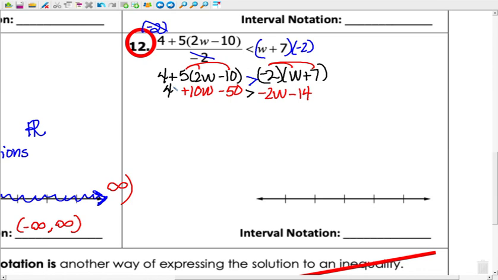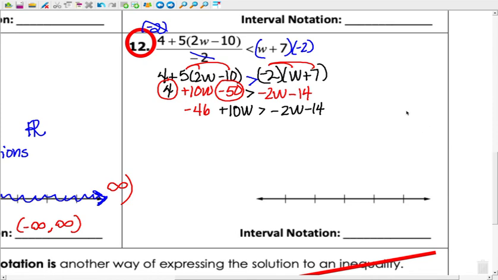Clean this up. 4 minus 50 is -46. Bring down my plus 10w, my symbol, and my other expression.